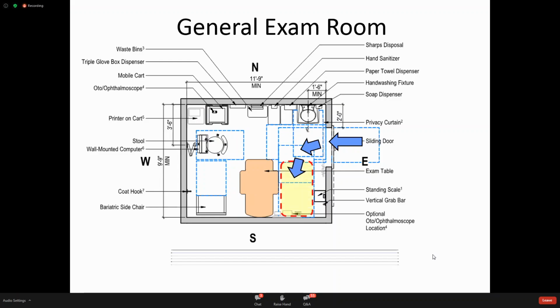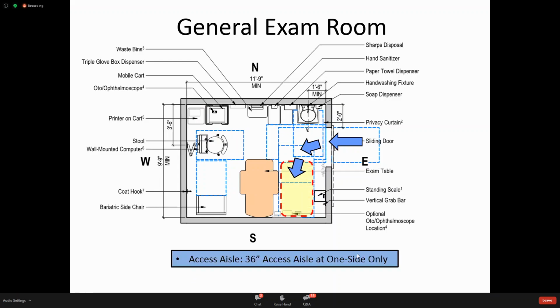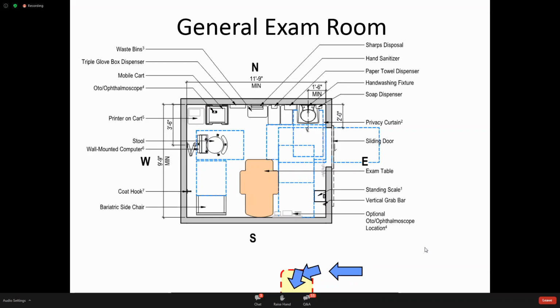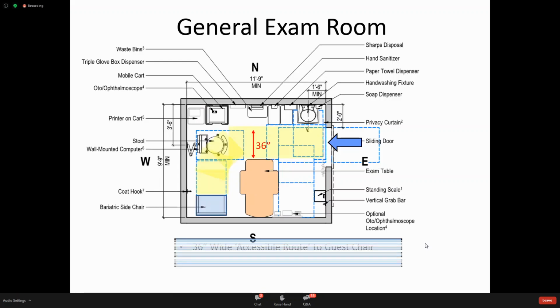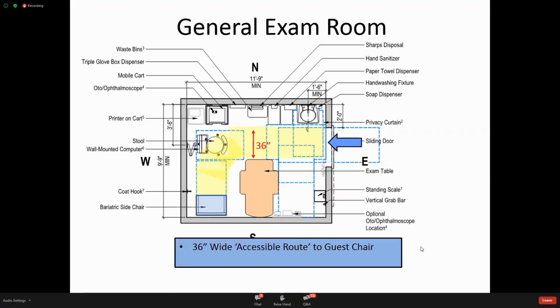So first, the patient comes in the room. We have an access aisle requirement. As we talked about earlier, code allows you to do just one side only. That's clear and easy enough to understand. The second component here is the accessible route through the room. It's a little bit loosey-goosey. You're required by code to have a 36-inch aisle accessible route.